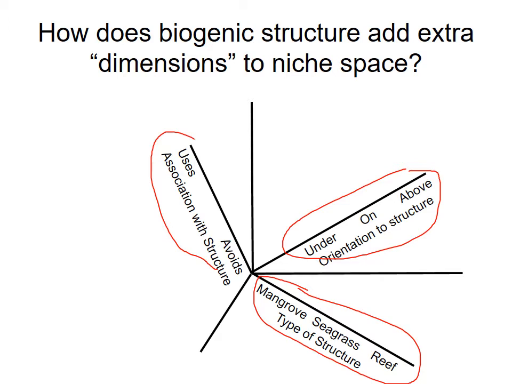If there are different types of structure in the environment, then some organisms might live in one type of structure, others in another type of structure. And so if you have a diversity of different types of structure in the environment, you can have a greater diversity of species. And that's just a few of the many possible examples.